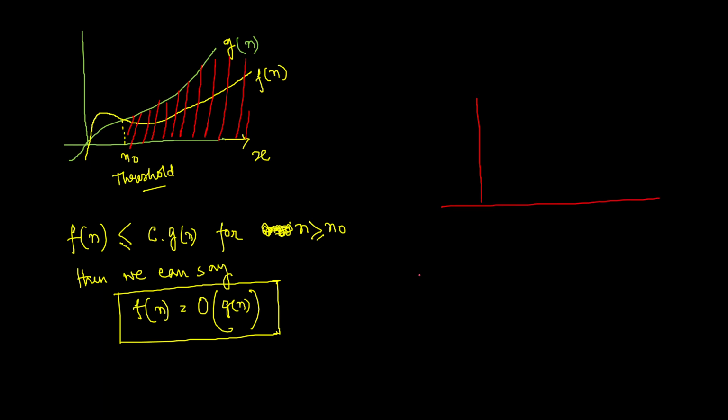Suppose we are considering a program with linear time. So this is the x-axis, this is the y-axis, and suppose your program has the function y equal to 1 by 2x.